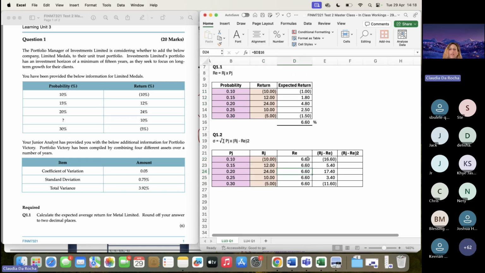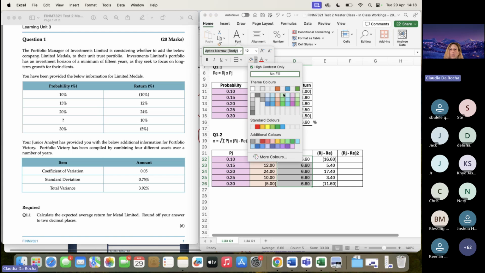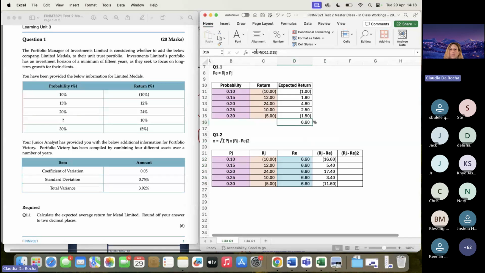And then this is from the one answer that we got, this one, so you can understand where everything comes from. And then obviously this is the difference between the two. And then we are going to square it, not square root it, square it.